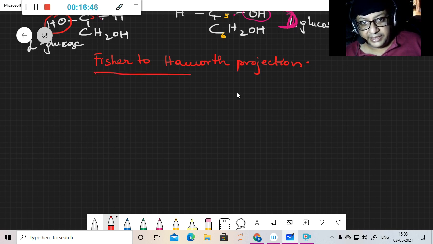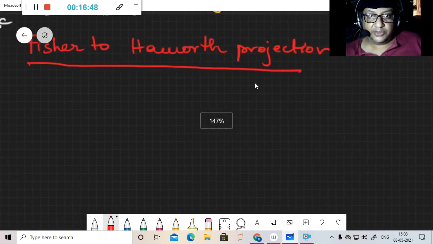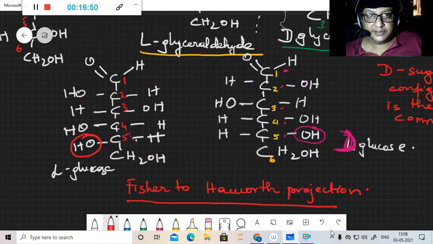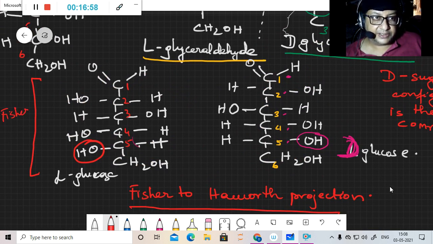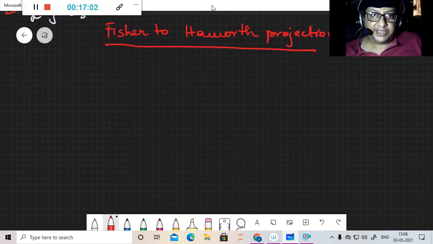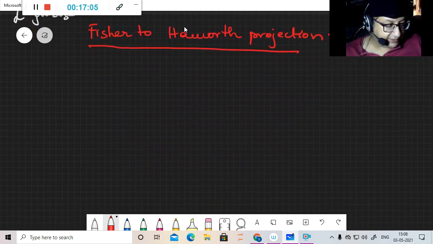So these linear configurations which we saw over here, this type of straight chain, this is the Fischer configuration. This can be made into a cyclic configuration, and that is the Haworth projection.